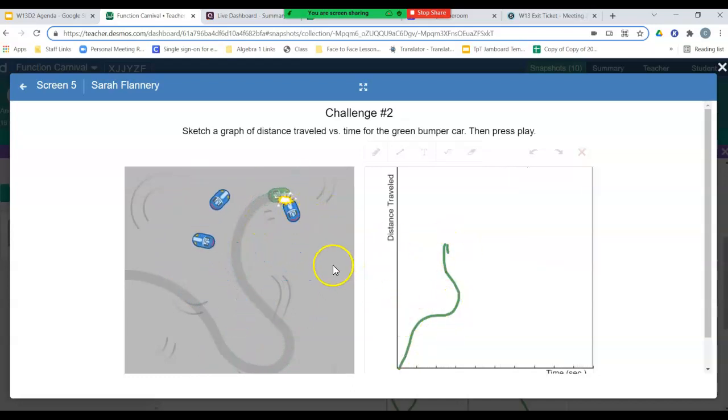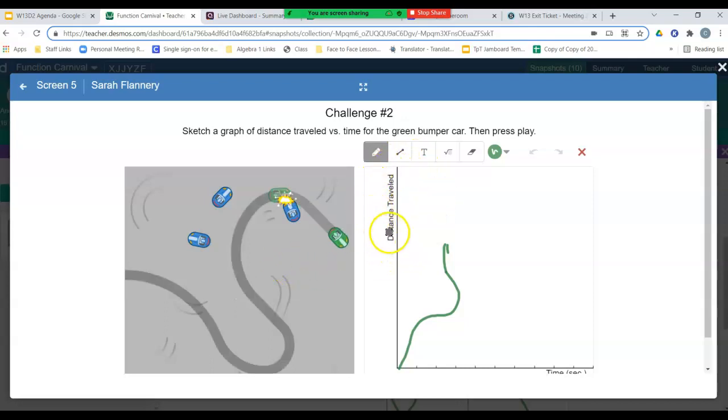So this person was graphing the position of the bumper car on the screen instead of the distance traveled. So you have to think as this is going, it's traveled like a foot and then 2 feet and then 3 feet and then 4 feet and then 5 feet. So a foot, 2 feet, 3 feet, 4 feet, what would that look like?